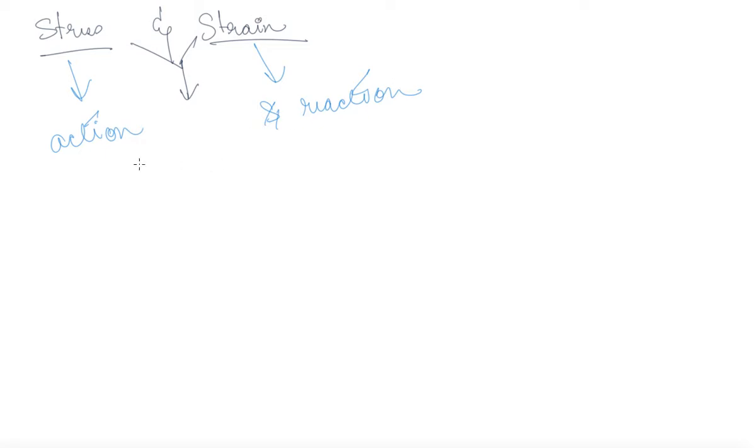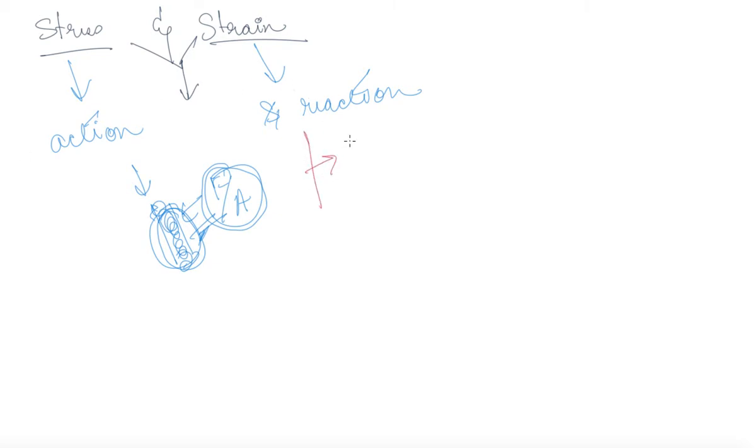Now, when you apply a force in a body, the body experiences a stress. That is, the body experiences a force along with its area. That is the whole area. Now, because of this experiencing of a stress, the body undergoes certain deformation. This deformation may be permanent or may not be.